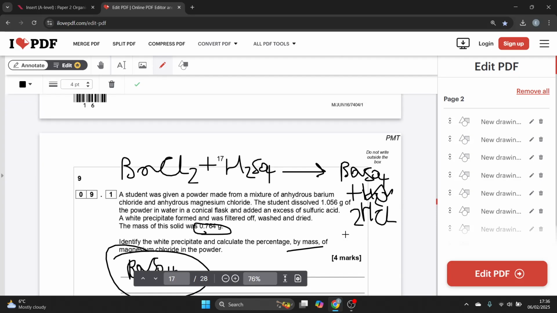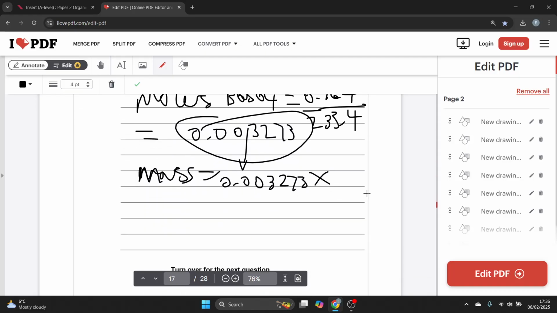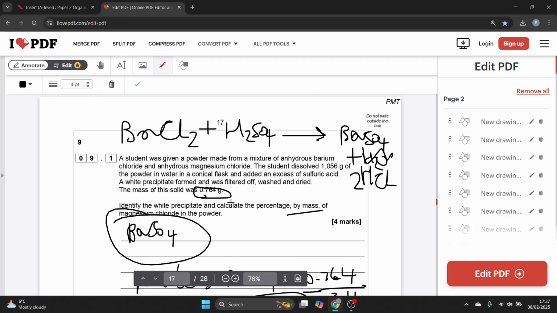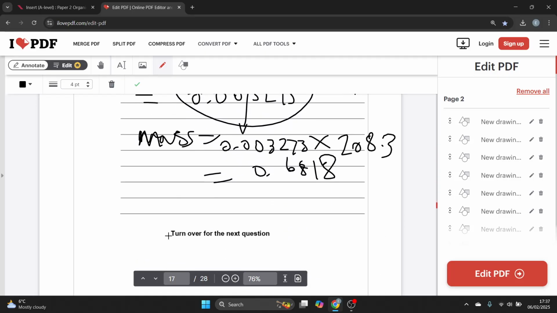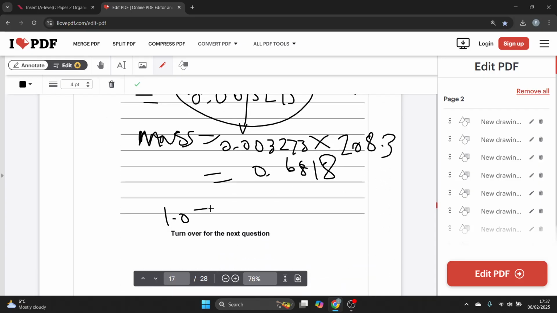This is the mass of barium chloride, my bad, not magnesium chloride. Times 208.3 will give you 0.6818. Therefore the percentage by mass of magnesium chloride is the total mass, 1.056, minus that, divided by 1.056, times 100.